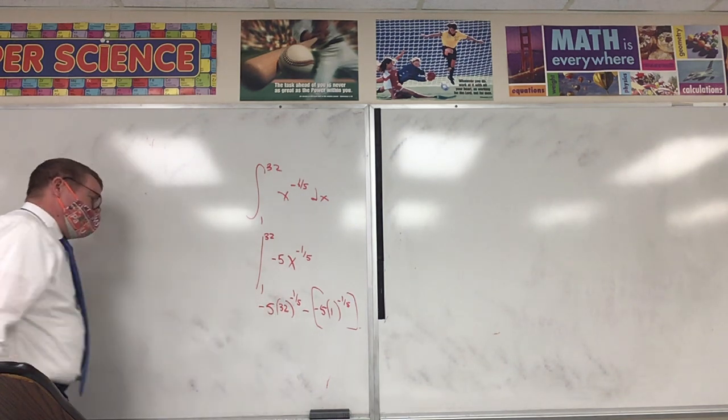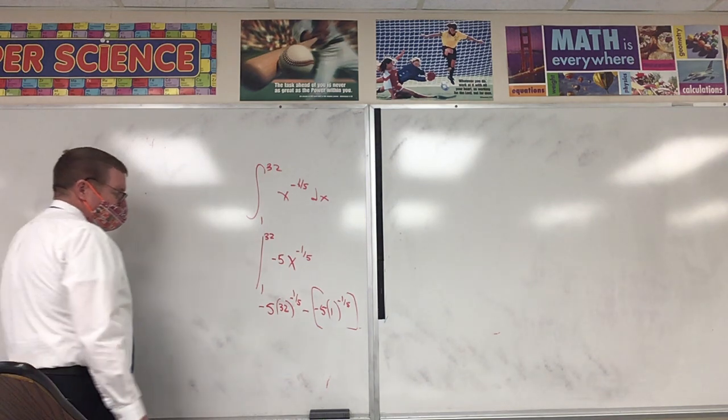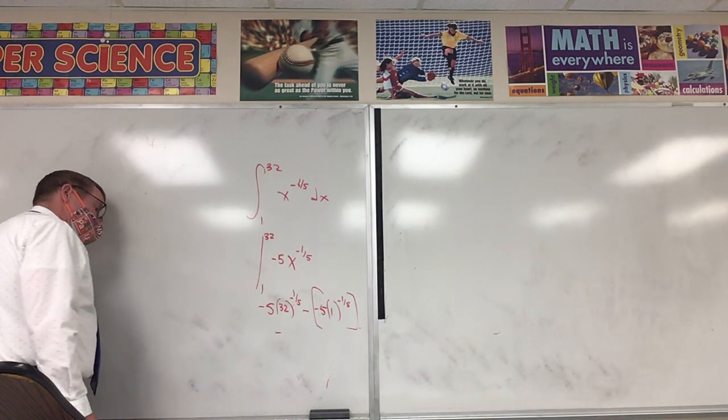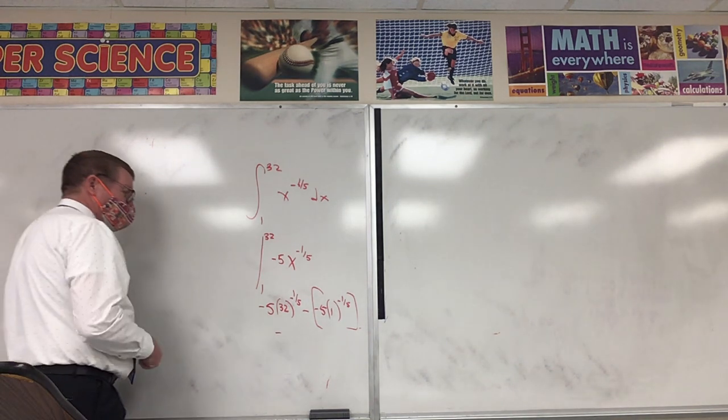What's 32 to the 1/5? 32 to the 1/5 is 2, but 32 to the negative 1/5 is the reciprocal, 1/2.